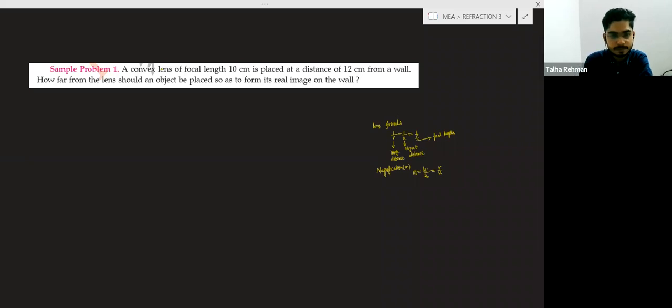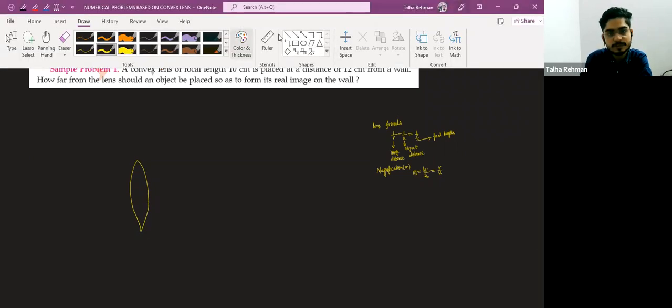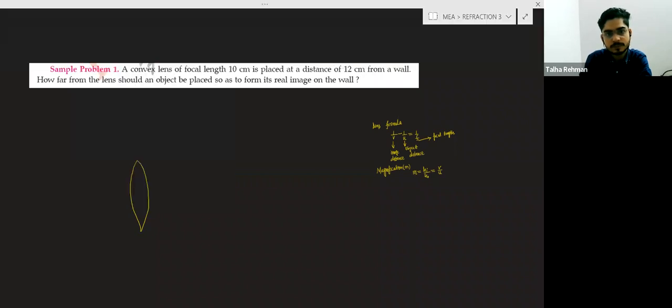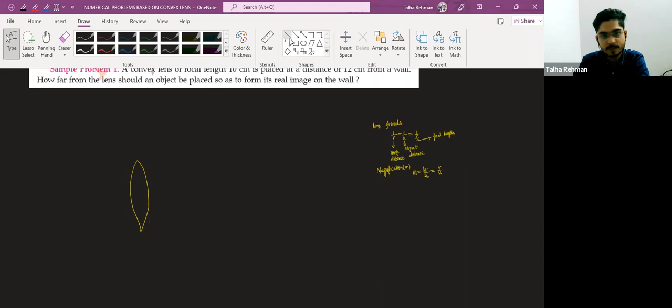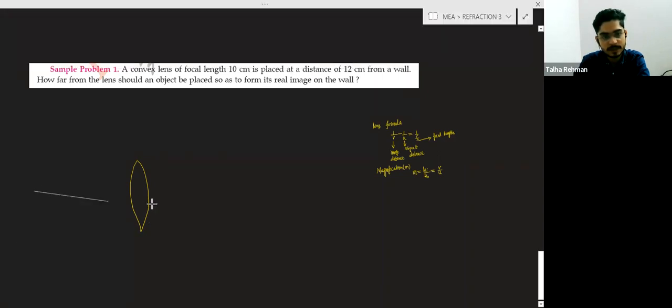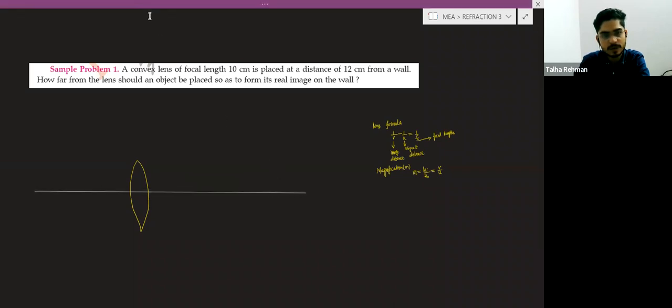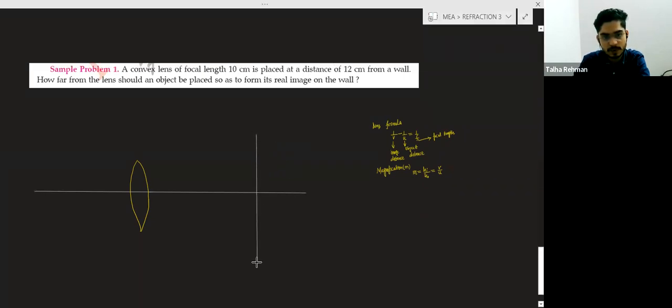We have a convex lens. First, try to draw the figure. A convex lens of focal length 10 centimeter is placed at a distance of 12 centimeter from a wall. So this is the convex lens, this is the principal axis, and the convex lens is placed 12 centimeter from a wall. This is the wall.